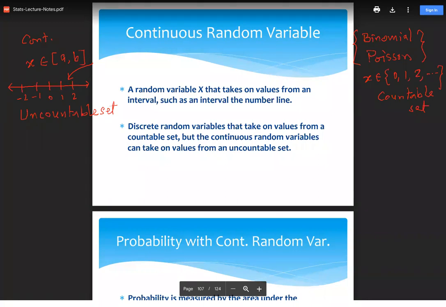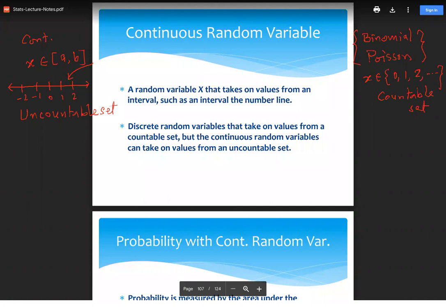Now, let's go ahead and talk about a couple of examples of continuous random variable. Once again, remember, a continuous random variable will take on values on an interval from the real number line.